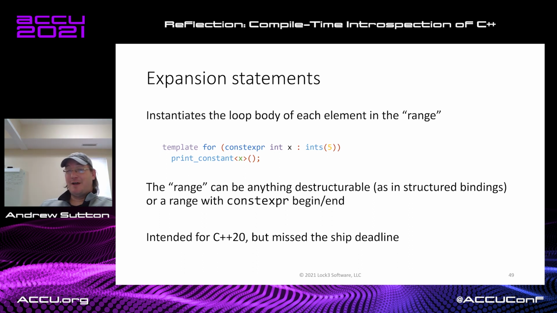So as long as we can find constant bounds for this range, we can start destructuring, or expanding over that. And then what happens is that for the loop variable, x in this case, we're going to initialize x with whatever the value of each element is, and then instantiate the body with x in mind, right? So in this case, x is declared as a constant expression, which means that we can actually use it in template arguments, which is fantastic.